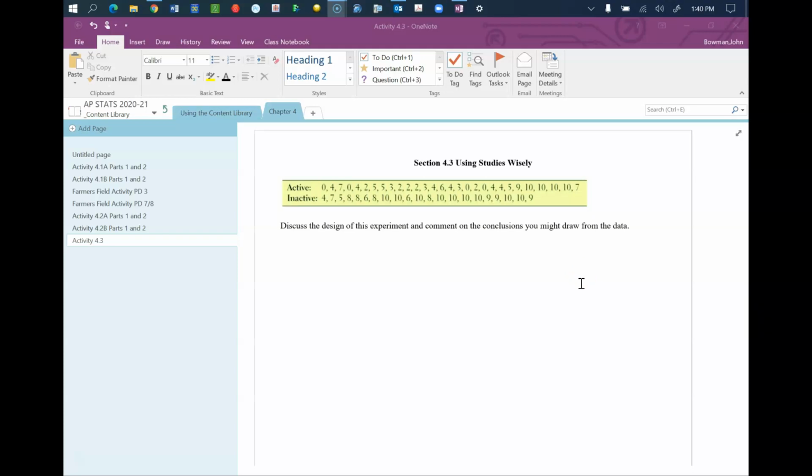So, based on the design of this experiment and the results, which I will assume are statistically significant, it would be reasonable to conclude there is a cause and effect relationship between using an active magnet and reducing pain.